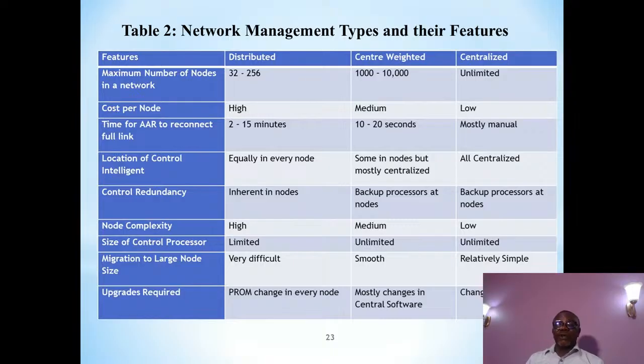There may be some localized nodes that know more, but in the centralized, it is low. Size of control processors: limited, unlimited, unlimited. The migration to larger node size for the distributed system is very difficult. For the center weighted it is smooth, and for the centralized it is relatively simple.